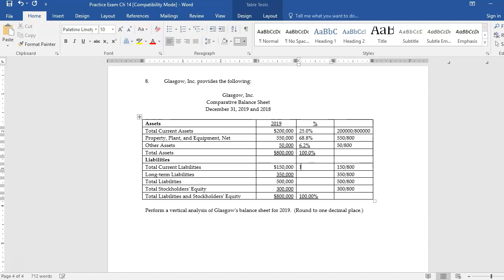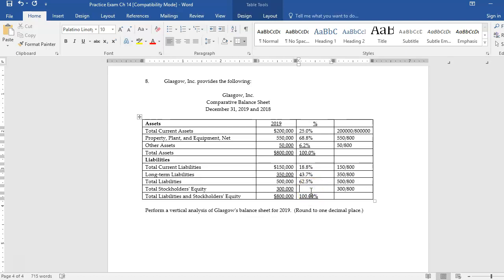So this is 18.8. 350 divided by 800 is 43.8. 62.5. All right, since this is off a tiny bit for rounding, I'm going to just change this one to a 7 because those two should add up to the total liability one.